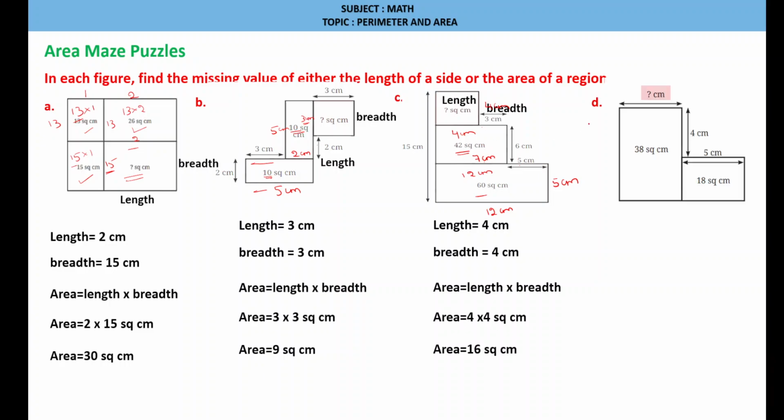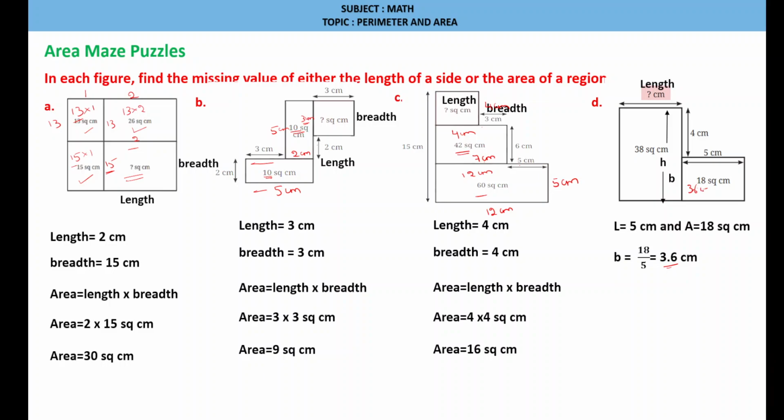Let us see question number D. Here, this rectangle is given as 18 square centimeters as area and the length is 5 centimeters. Therefore, here the breadth is equal to area divided by length, nothing but 18 divided by 5, which is equal to 3.6 centimeters.